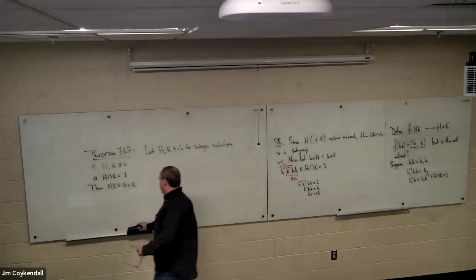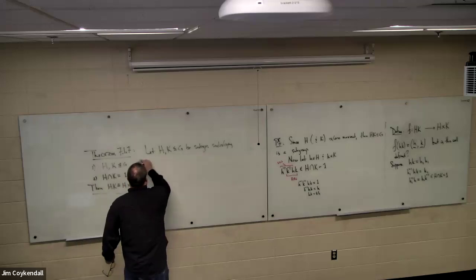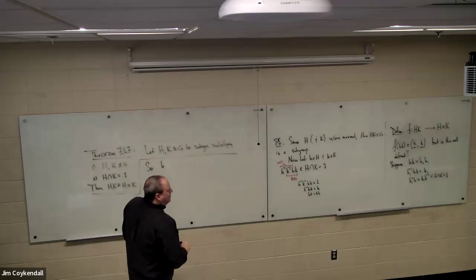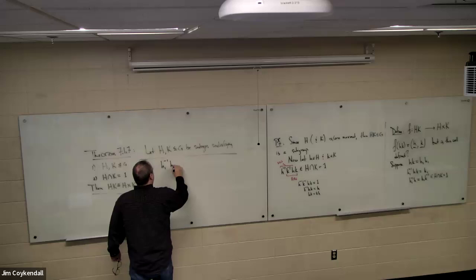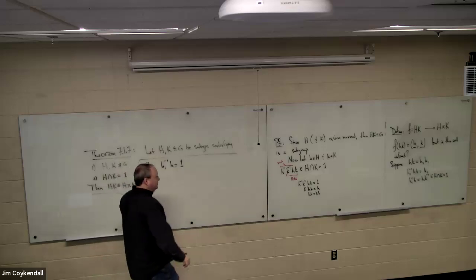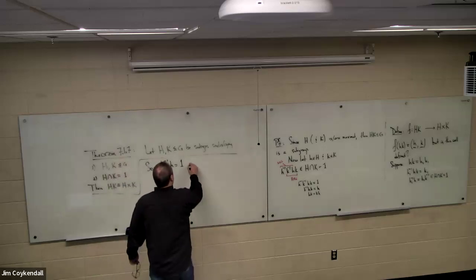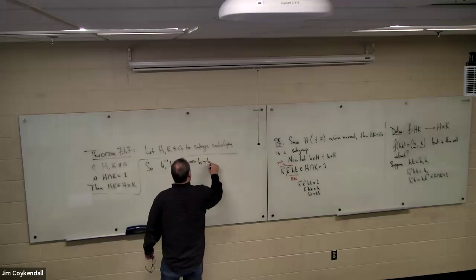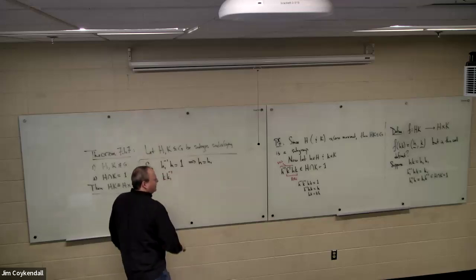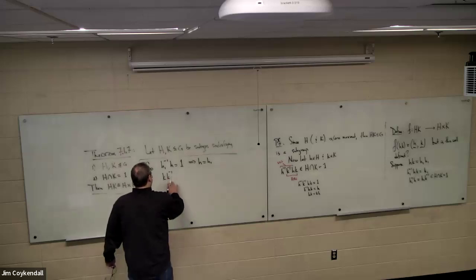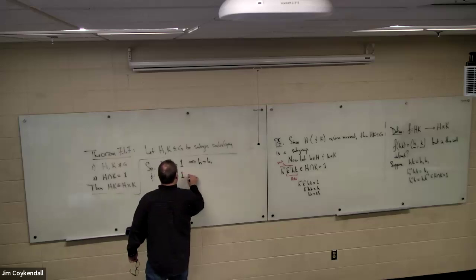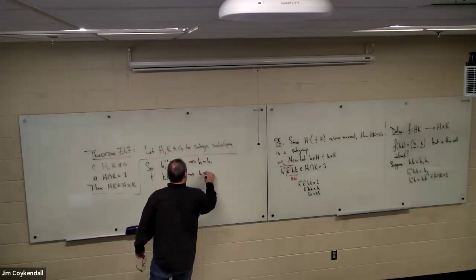This means that h1 inverse h is the identity, and this implies that h equals h1. And k1 k inverse is also the identity, which implies k equals k1.